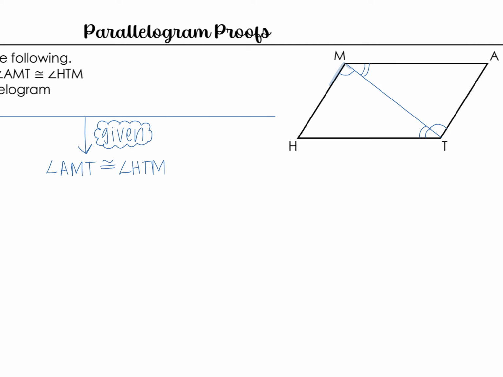Highlighting my first set of congruent angles, I notice that these two congruent angles share the line MT, so that is my transversal. And the other two lines that they sit on are MH and AT. So those two lines would then be proven to be parallel because of the converse of alternate interior angles, since that is what those two angles are.